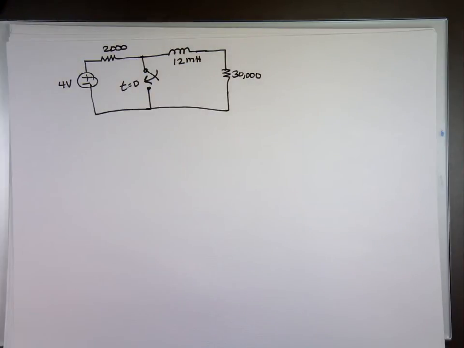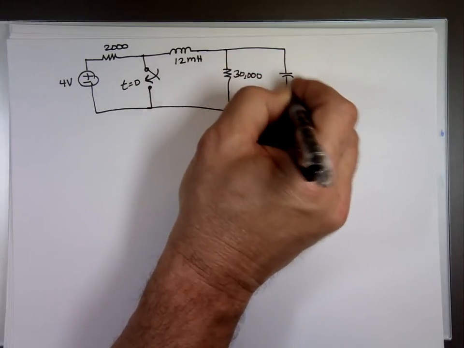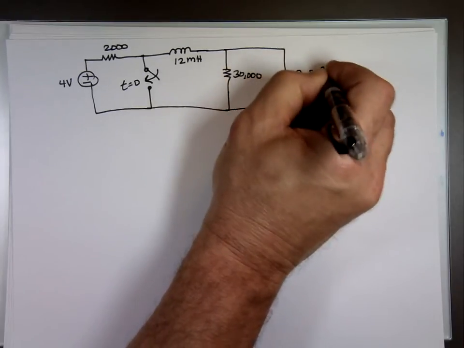And 2 picofarad. Pico is what? Negative 12.